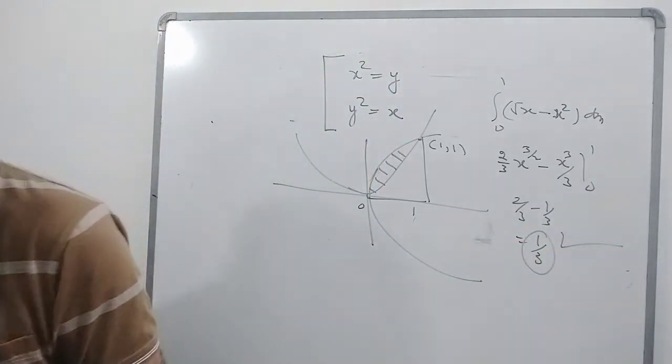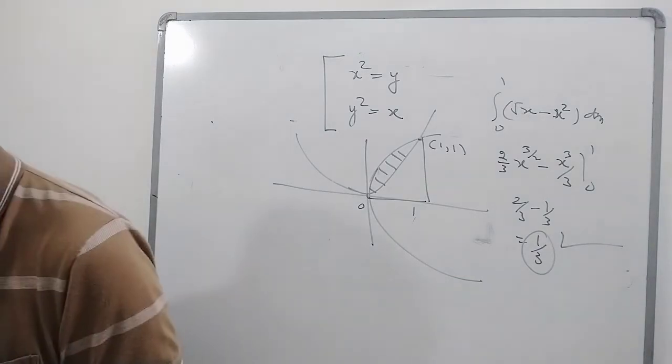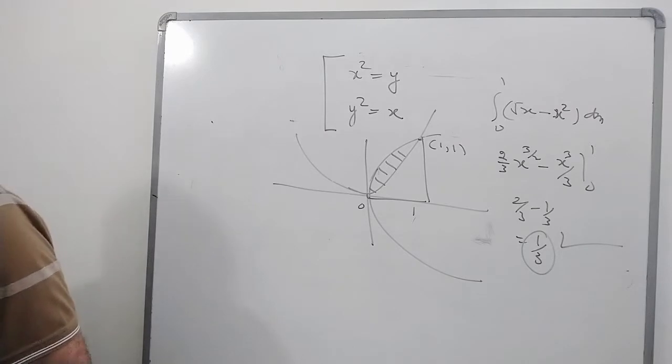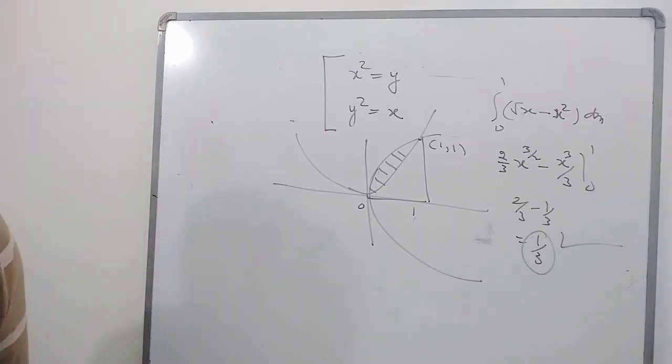That is the area between the two curves. I hope you can easily do the question based on the simple concepts, the kind of question that is asked in the examination.